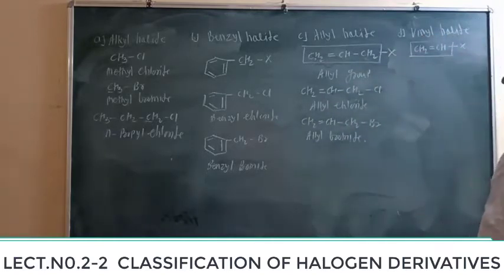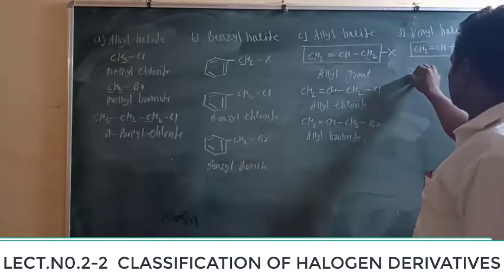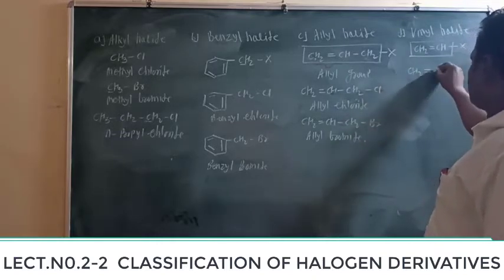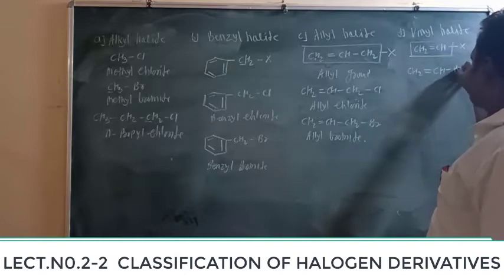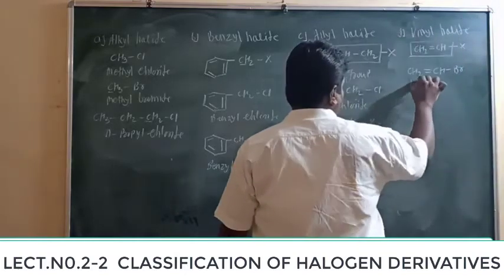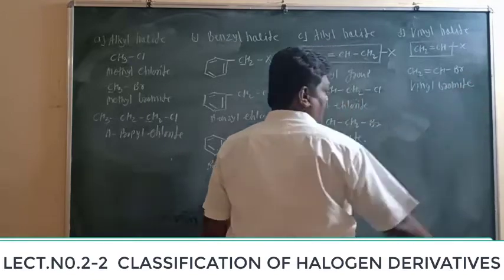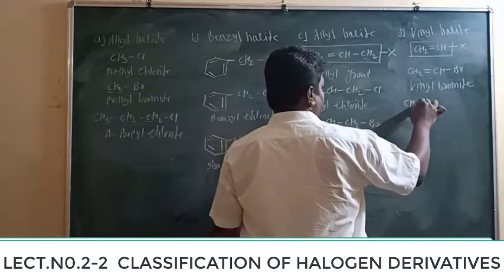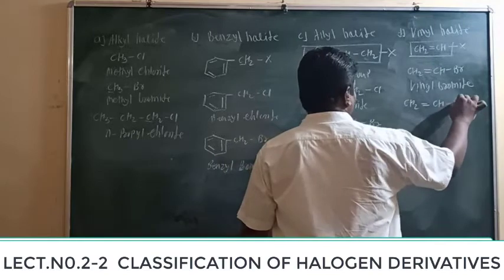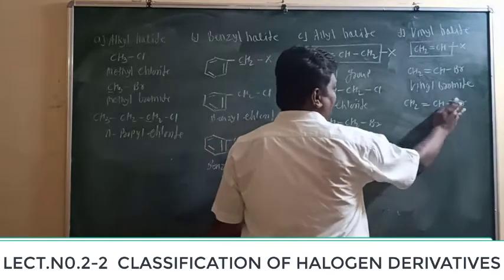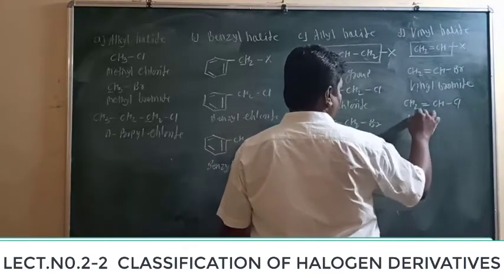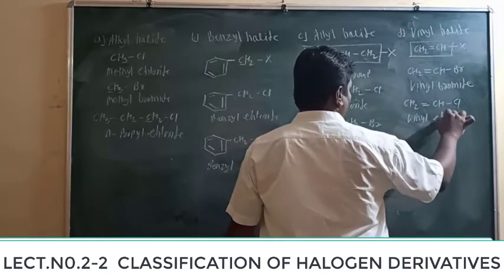The example is CH2=CH-Br. This is called as vinyl bromide. Another example, CH2=CH-Cl. This is called as vinyl chloride.